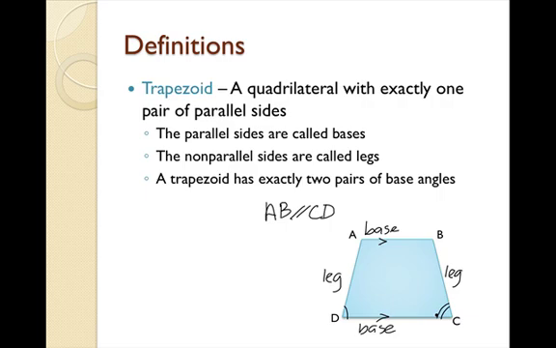That's one pair of our base angles. The second pair would be angle A, and we'll mark that differently as well, and angle B. So those are our base angles. Okay, now that you have the basic terminology down for a trapezoid, let's go into a couple of specific examples.